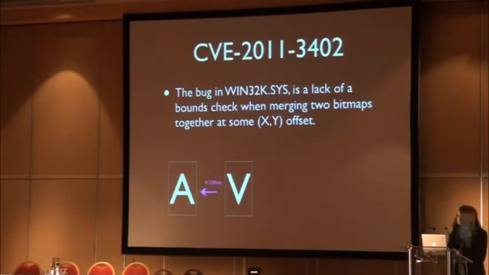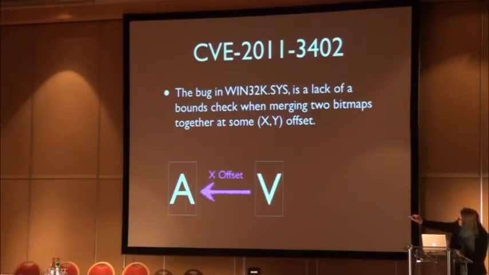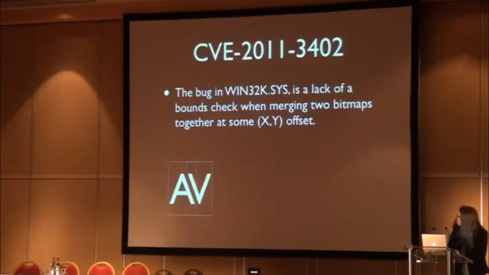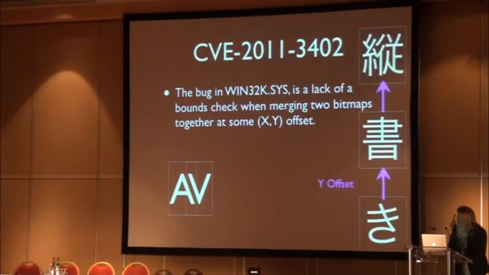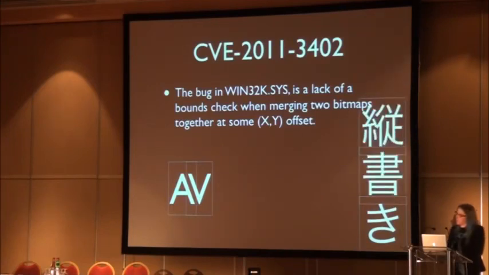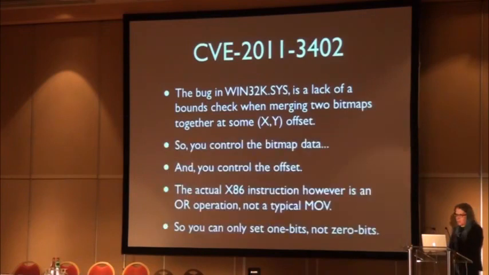If you take these two letters and you want to stick them together like that, there's a variable that gives you what the distance between them should be. It also works for vertically written languages as well, so there's both an X and Y offset. The bug was on the Y offset.